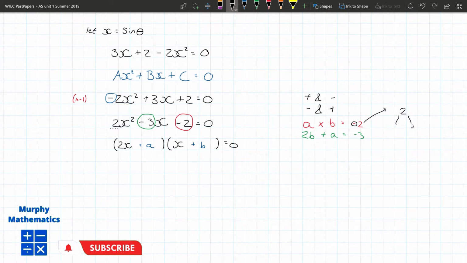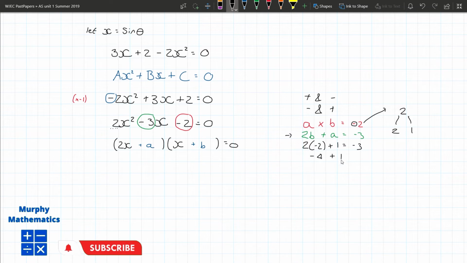I know 2 is a prime number, so it's going to just be 2 and 1. So now I need to use this information to find out what b and a are in this equation. So I know I can put in 2 lots of minus 2 plus a plus 1 equals minus 3, because that will give us minus 4.